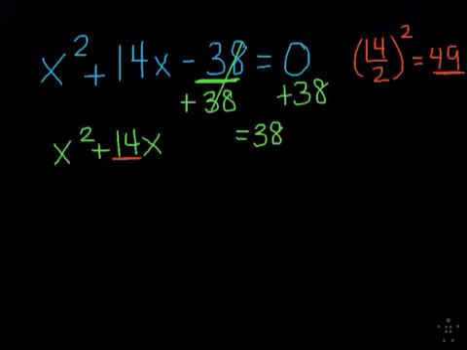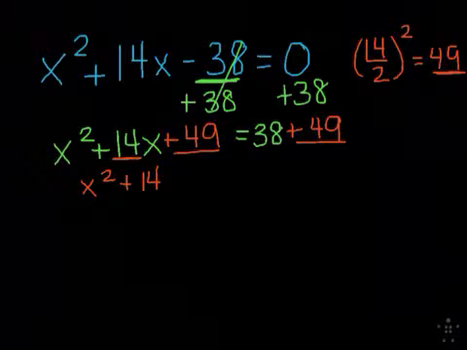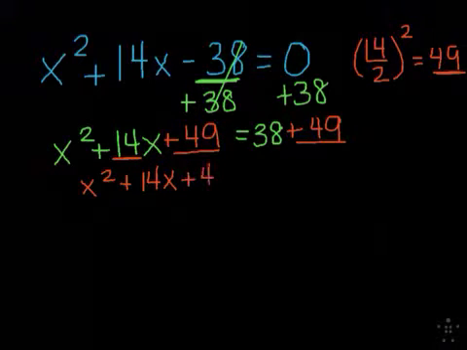This number here goes on both sides of the equation. So it's being added to both sides of the equation. So our new equation is x squared plus 14x plus 49 equals 87.